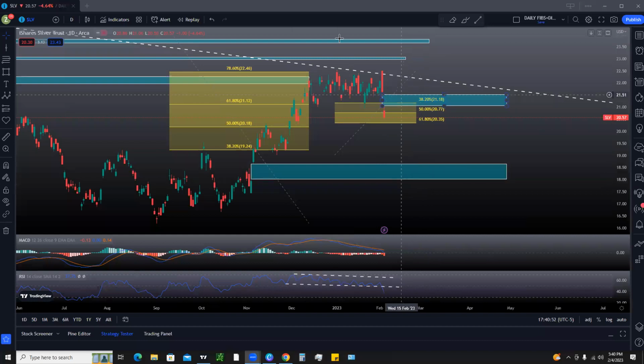But just like gold, due to non-farm payrolls on Friday, silver SLV also gapped down. So we want to see, are we going to come up and fill this gap quickly, or are we going to come up and get a bearish half gap fill and not be able to fill the rest of the gap? That could be a sign that we're going to come back down, retest this 61.8 level and potentially break that and bring us down ultimately to fill this gap down here.